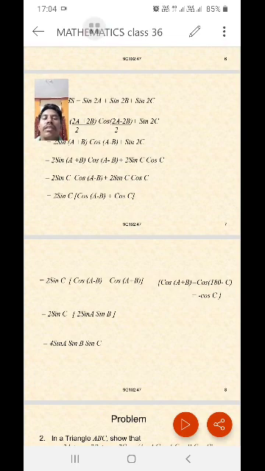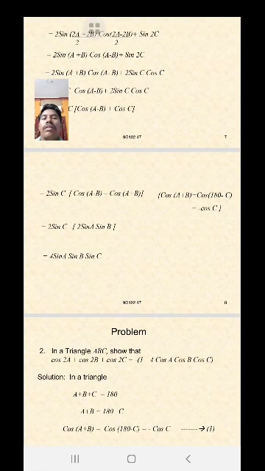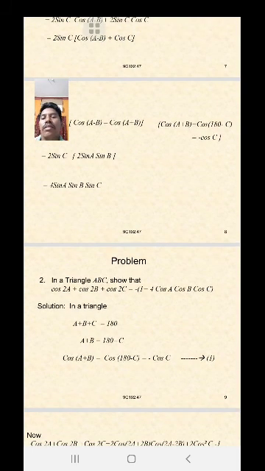After that it will become 2 sin C [cos(A minus B) minus cos(A plus B)]. So cos(A minus B) minus cos(A plus B), if we apply the formula, we get 2 sin A sin B. Multiplying with the 2 sin C, we get the RHS, that is 4 sin A sin B sin C.